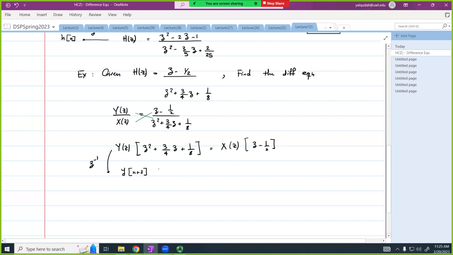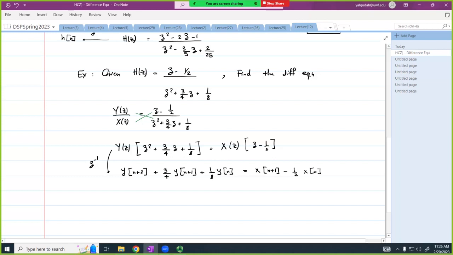What is the inverse of Y(z) multiplied by z? 3/4 y(n+1), plus 1/8 y(n). And this is going to equal x(n+1) minus 1/2 x(n). Together? Everybody?